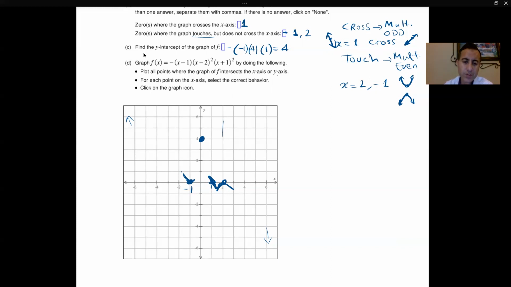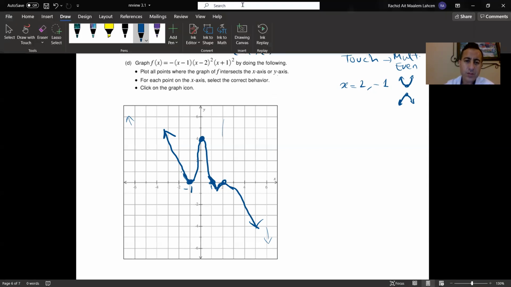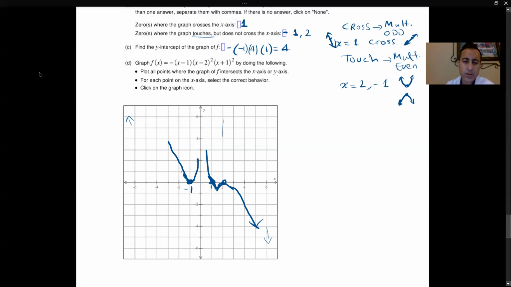So this graph is going to bounce and come to 4, go up this way, and turn here, and come down this way. I didn't graph it nicely, so we'll try to make it nice now that we know how it looks, right?